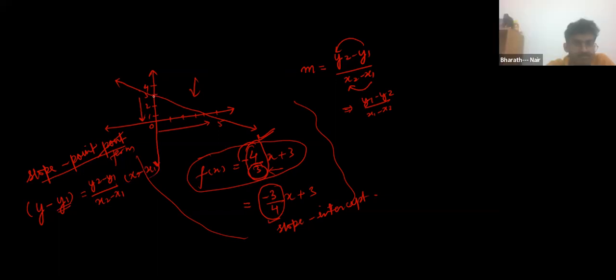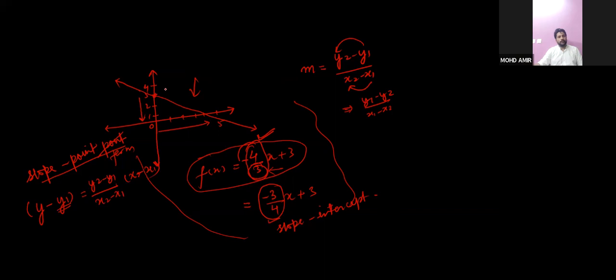Now there are 2 points. This one is 0 comma 3 and this one is 4 comma 0. Let's find out if we still get the same equation or function.